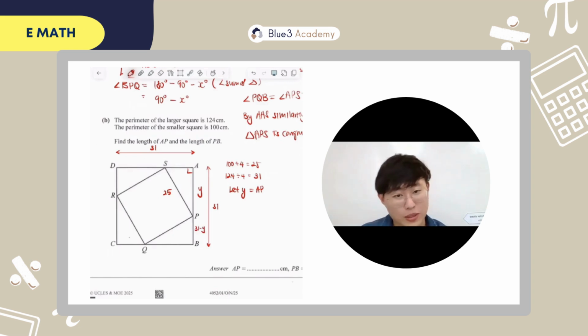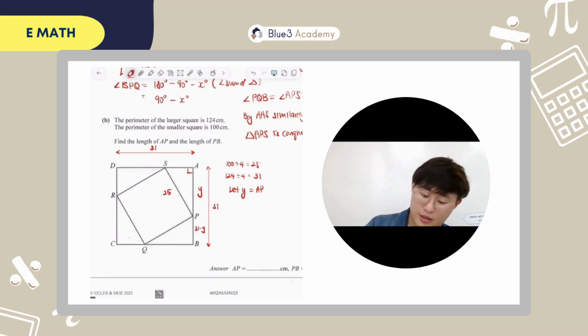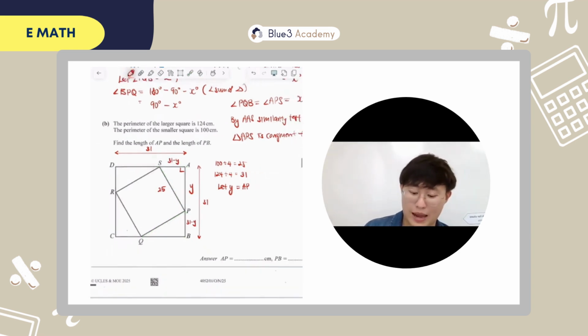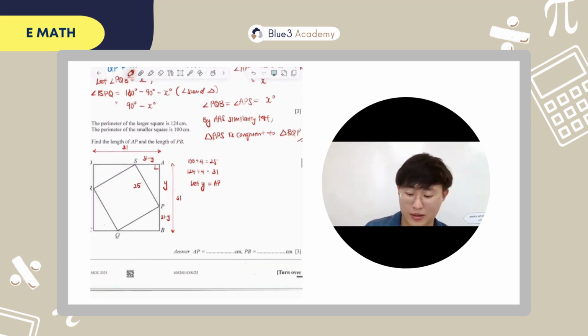But that also means that because these two triangles are congruent, AS is also 31 minus y. So what I have now is enough information to use Pythagoras' theorem.